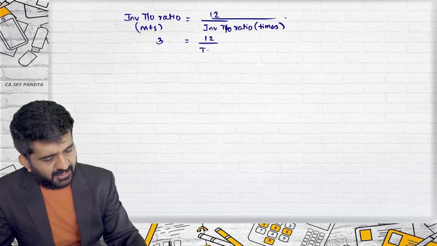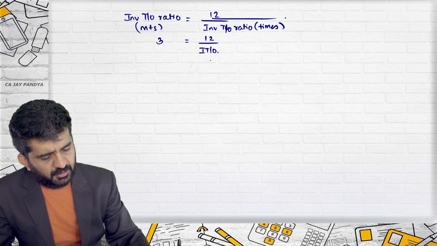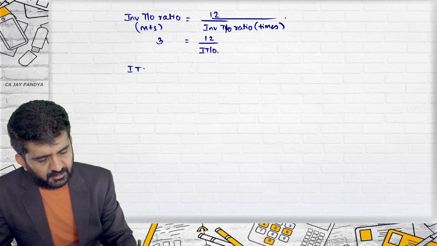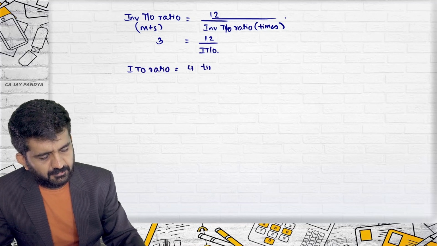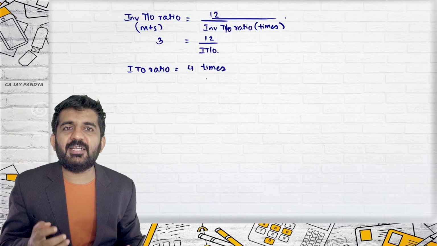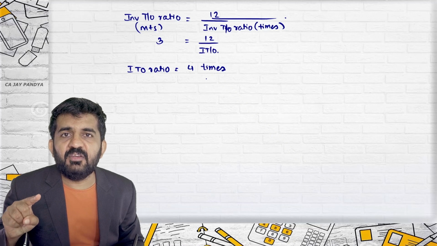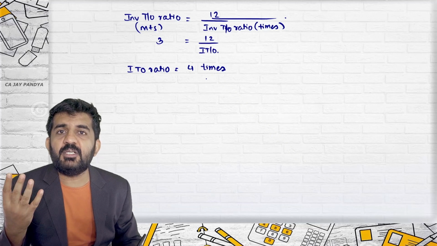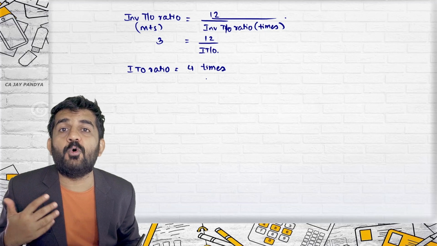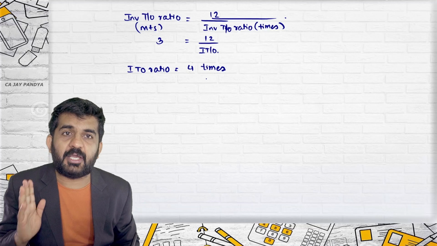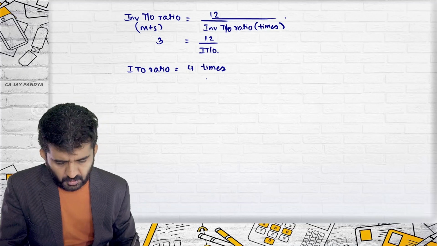So 12 divided by inventory turnover ratio in times gives 3, so inventory turnover ratio will be 4 times. This is the calculation we are doing mathematically, but it is very simple. If inventory turns over every 3 months, in 1 year it will turn over 4 times. How many 3 months are there? 3 months, 3 months, 3 months and 3 months. 4 times.